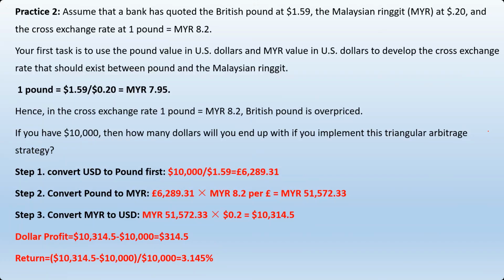Then convert Malaysian ringgit into US dollars by the direct quotation 0.2. We find that the dollar profit is 314.5. The return is 3.145%. So any questions?